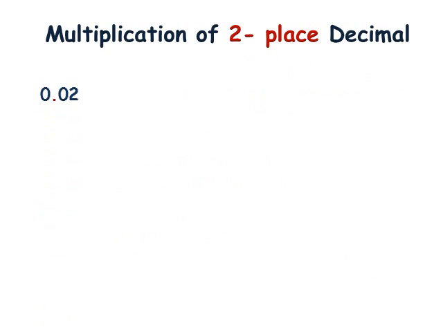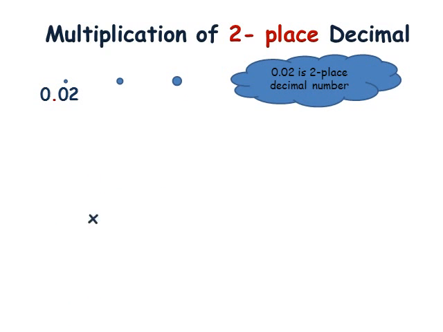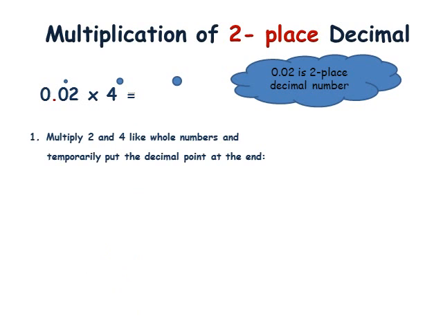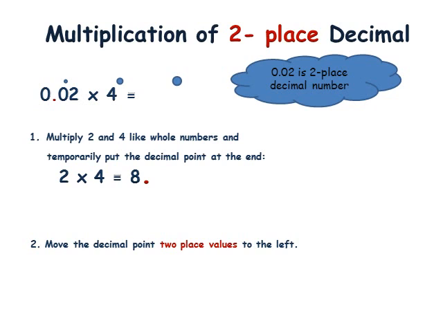Let's have another example. This is a little bit different this time. We have 0.02 times 4. Let's multiply the numbers that you can multiply, in this case just 2 and 4. That is 8, with your decimal point at the end of 8. Now we have to move 2 places to the left because you're multiplying a two place decimal number.